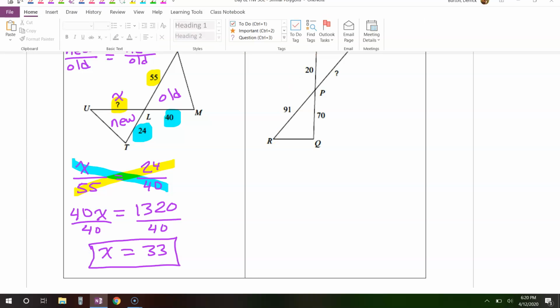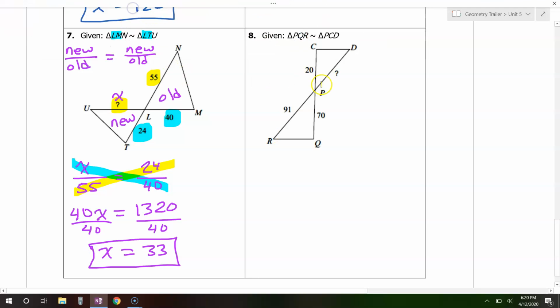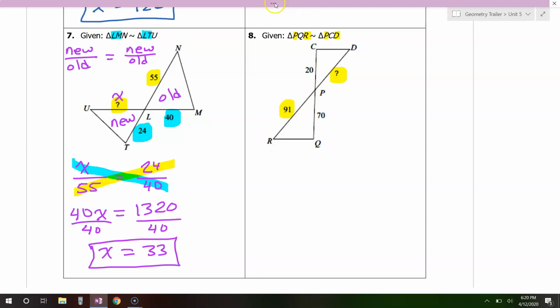All right, last one. I'm sure it will be just as easy as this whole video. So the question mark is at PD. PD is the beginning and the end. So that's going to correspond with PR. Okay, PR is right here. So those are corresponding.